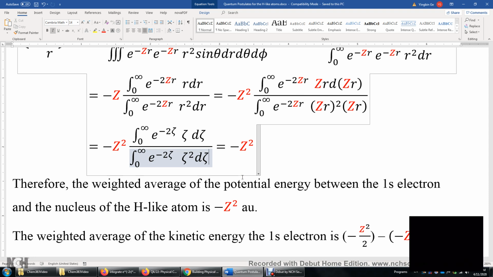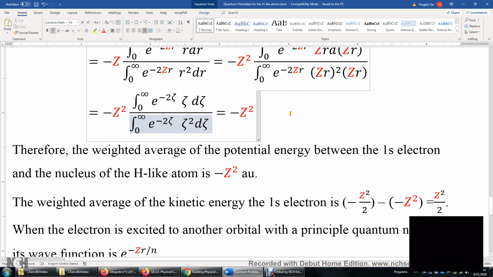How about lithium 2 plus? Lithium 2 plus has 3 protons. So the potential energy of that 1s electron in lithium 2 plus is negative 9 atomic unit. Beryllium 3 plus, the potential energy is negative 16 atomic units.